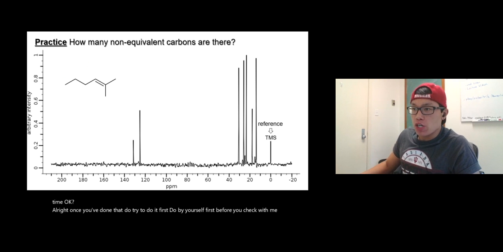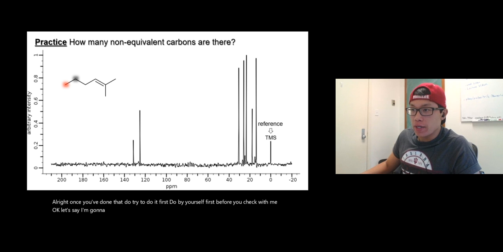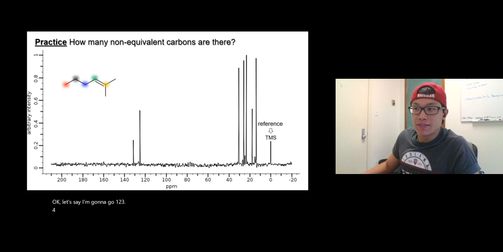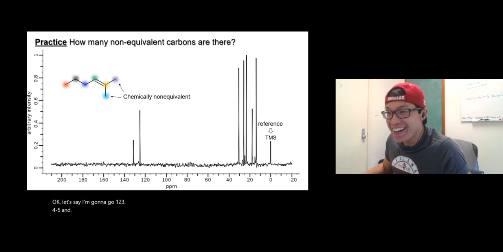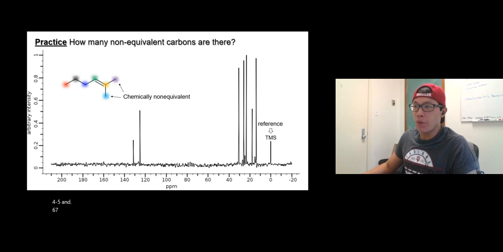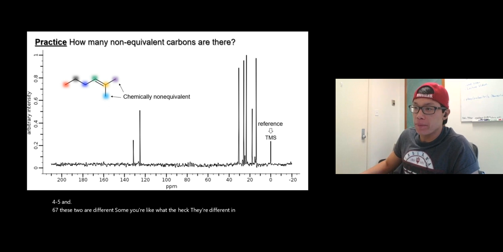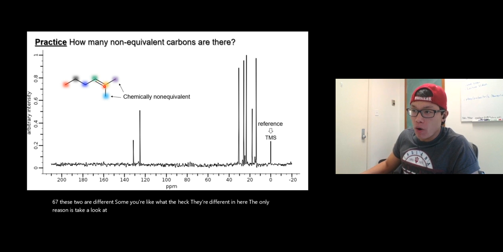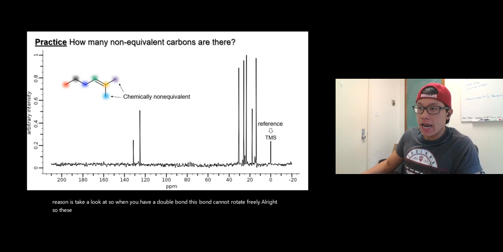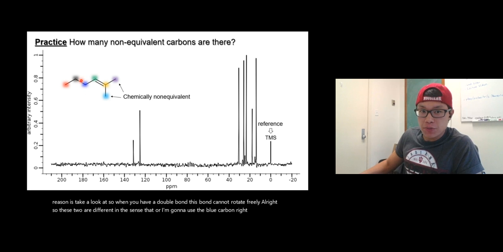Let's say I'm going to go 1, 2, 3, 4, 5, and 6, 7. These two are different. Some of you are like, what the heck? The only reason is, take a look here. When you have a double bond, this bond cannot rotate freely. I'm going to use the blue carbon right here as a reference point.